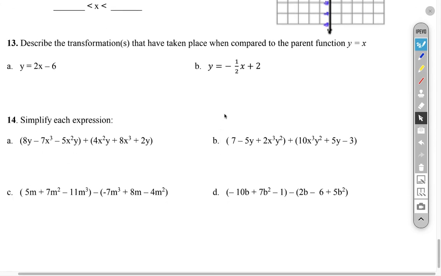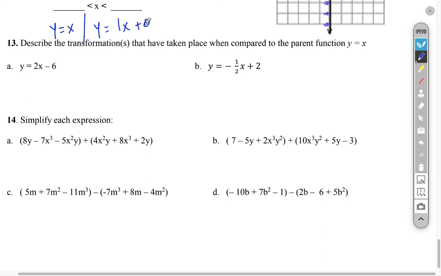All right, number 13 says, describe the transformations that have taken place when compared to the parent function y equals x. So we have y equals 2x minus 6. And all we're doing is talking about transformation. So remember, we're comparing this to the parent function y equals x, which is also y equals 1x plus 0, right?